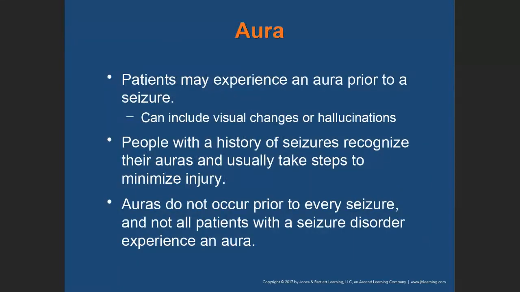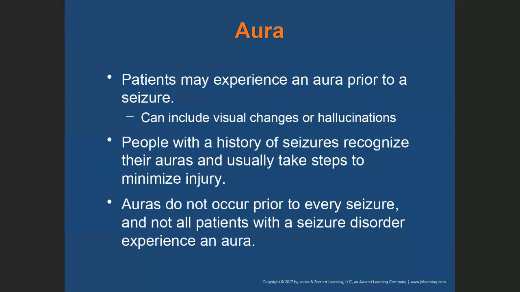All right, now most patients will complain of an aura. So patients that have been diagnosed with epilepsy normally know when they're going to have a seizure, right? So they go through what is referred to as an aura. Aura occurs, and it might not happen for everyone, right? It can be a visual change, can be hallucination, it can be an unusual smell, something that they're hearing, and then they go through the phases of the seizure.